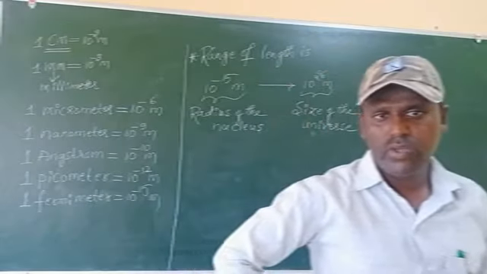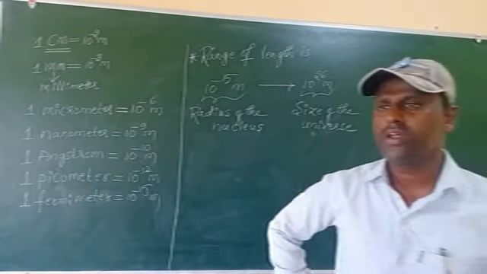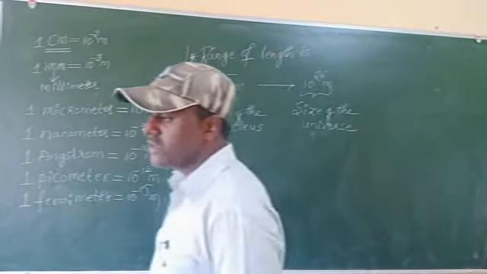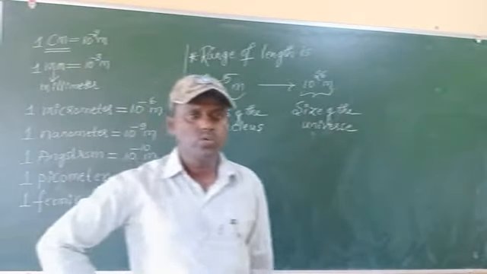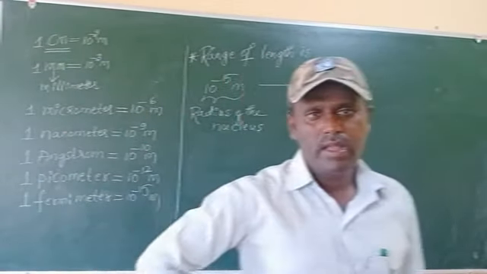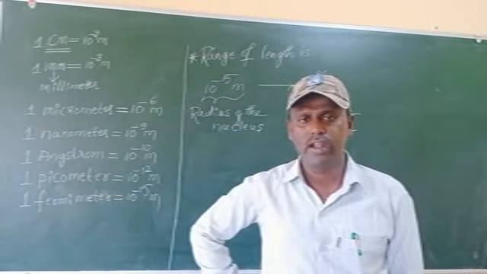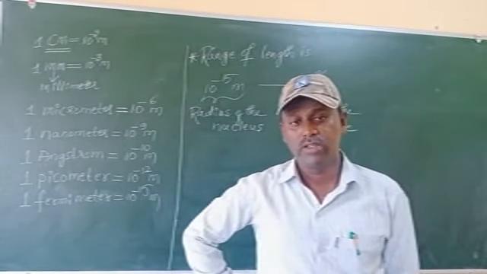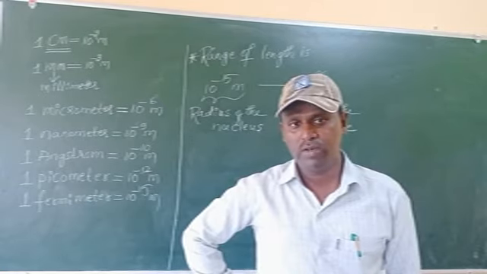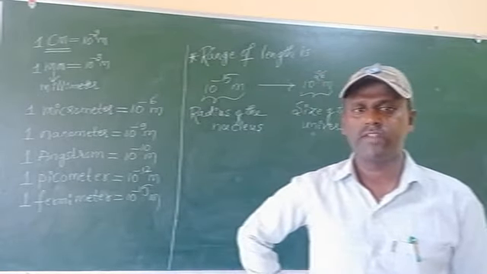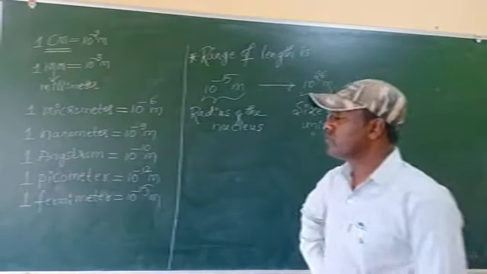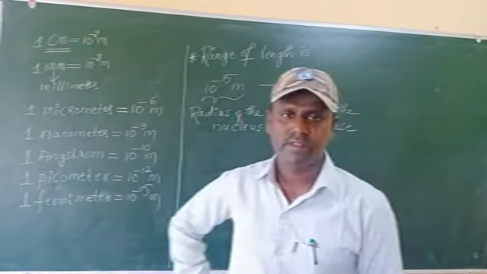Parsec is a unit used for measuring the distance between two stars. 1 parsec is equal to 3.26 times the light year, right?